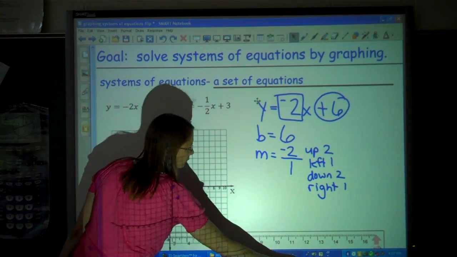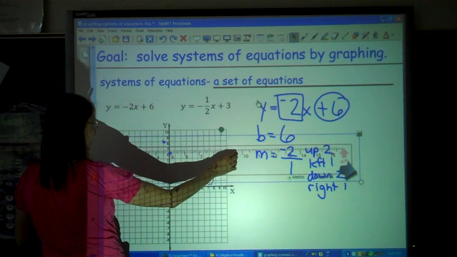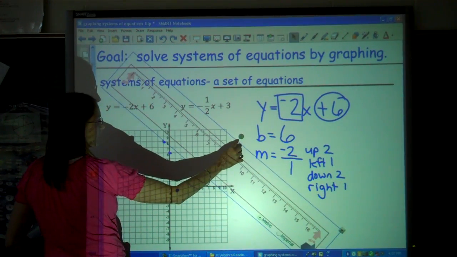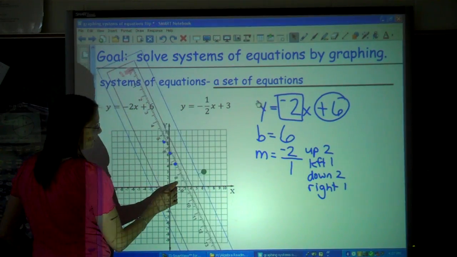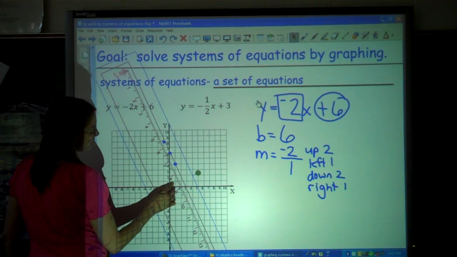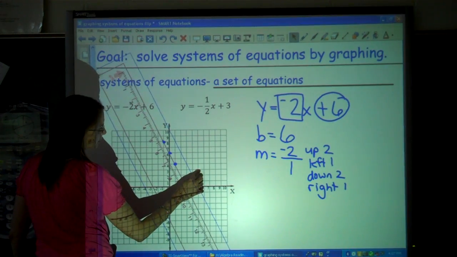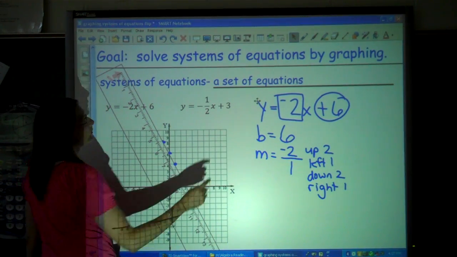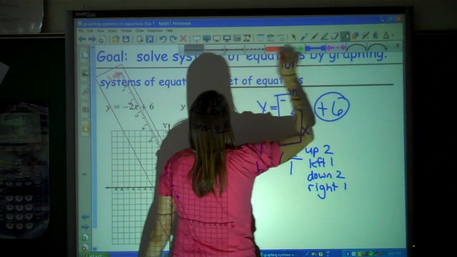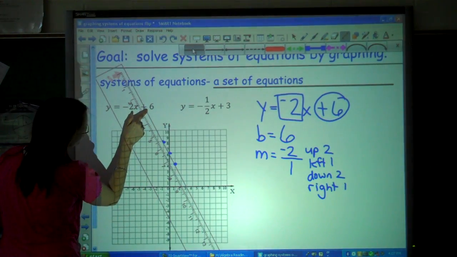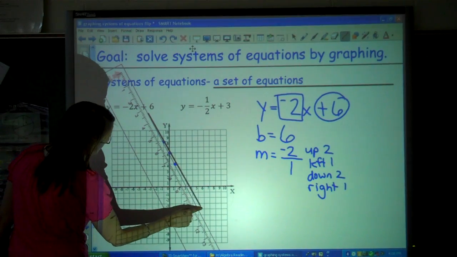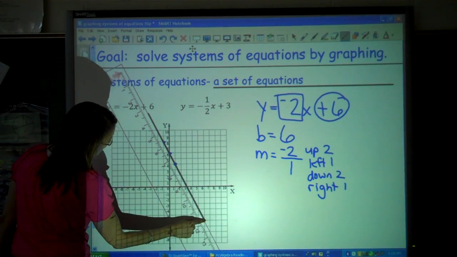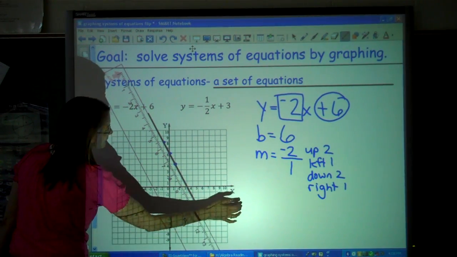And then I'm going to take my ruler and line it up with the 3 points on my graph. Remember, we need to have 3 points when we're graphing, 2 points when we're finding slope. So I'm going to line it up, and then draw my line going straight down through those 3 points.